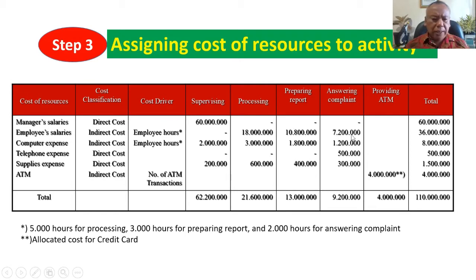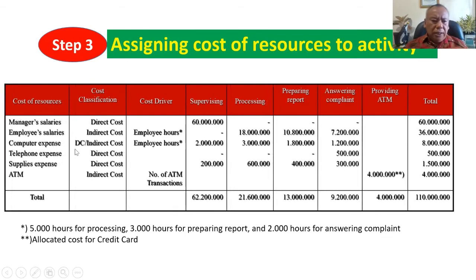million 200,000. So the computer expenses related to the manager's computer, we assign directly to supervising activities, because in this case we assume that one computer has expended 2 million.